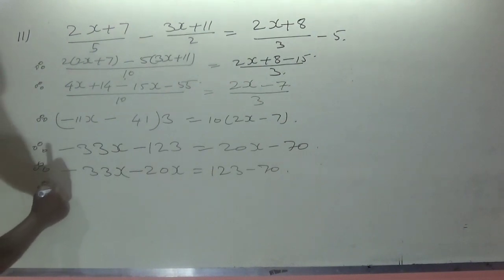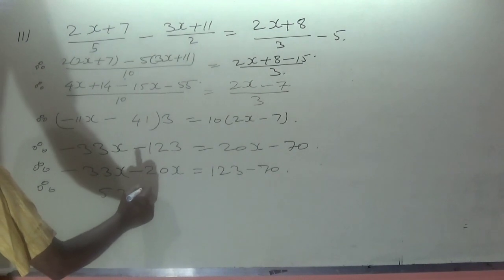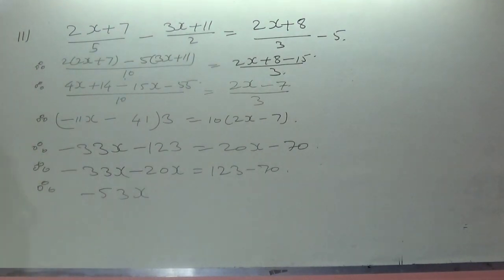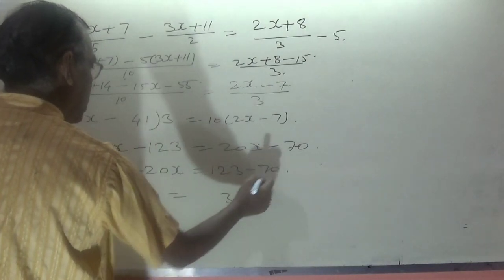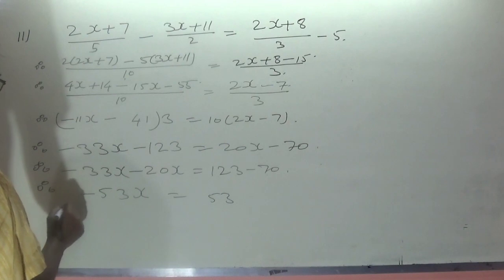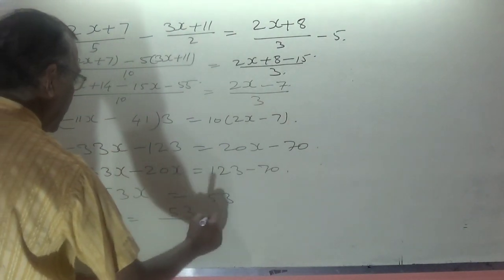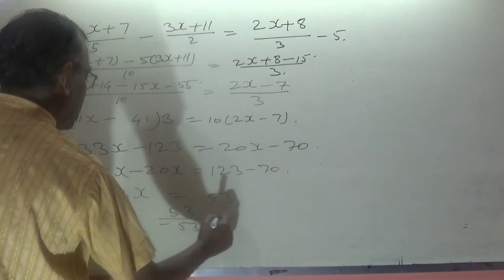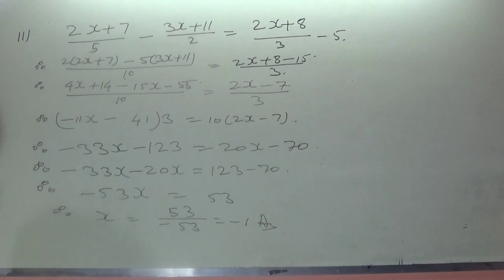Therefore minus 53x is equal to 53. So x is equal to 53 divided by minus 53, which is equal to minus 1, and that will be our answer. I think this is clear.